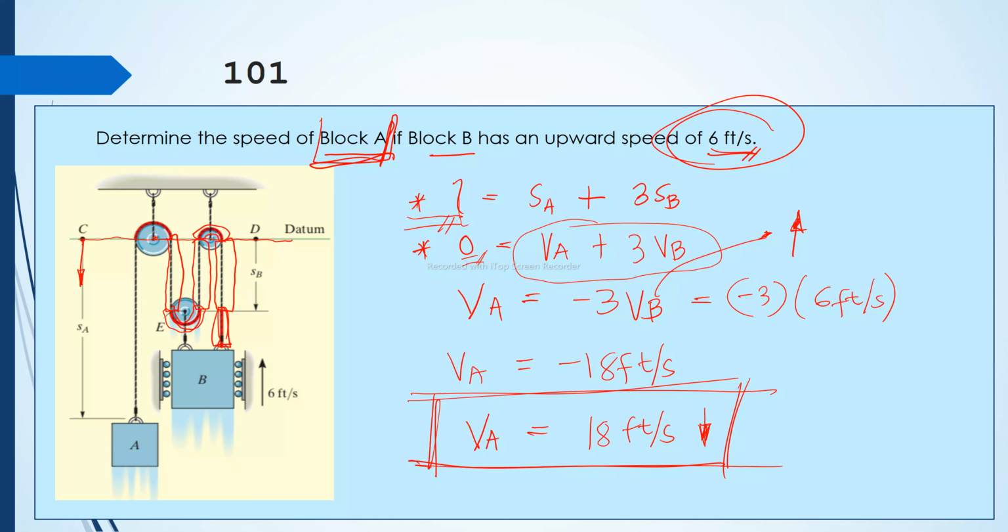In the end, we just differentiate the whole length equation with respect to time, and the constants will be equal to 0. So first we write those lengths that are changing, like SA and SB.